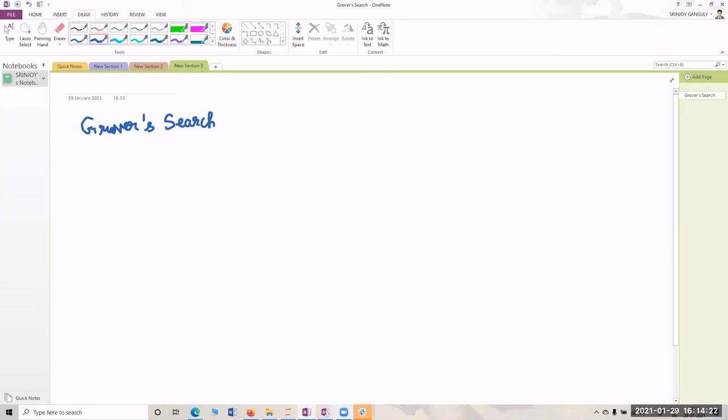In the classical case, as you know, in classical computing, you take the search algorithms. If you take the case of linear search, you will find that its complexity is given by O of n.